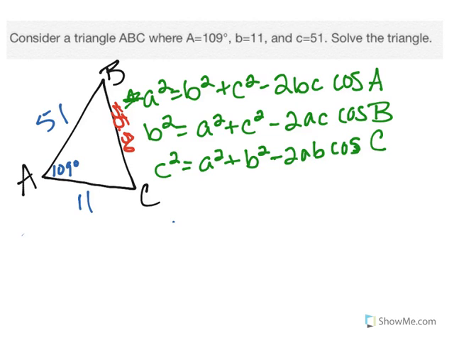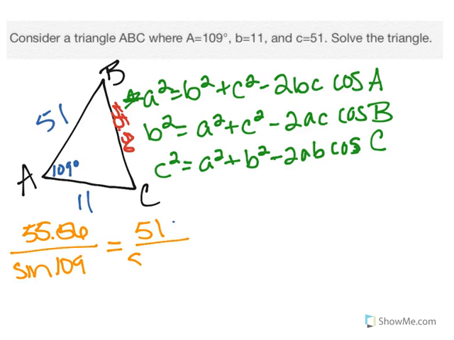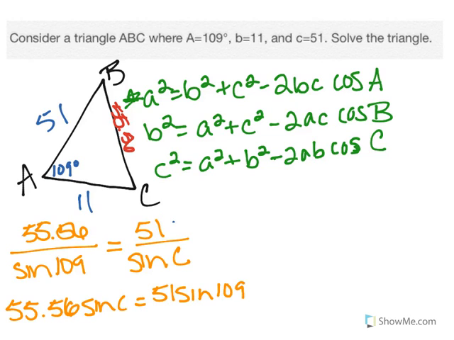So I'm going to say that 55.56 over the sine of 109 equals 51 over sine of C. So we've got 55.56 sine of C equals 51 times the sine of 109.